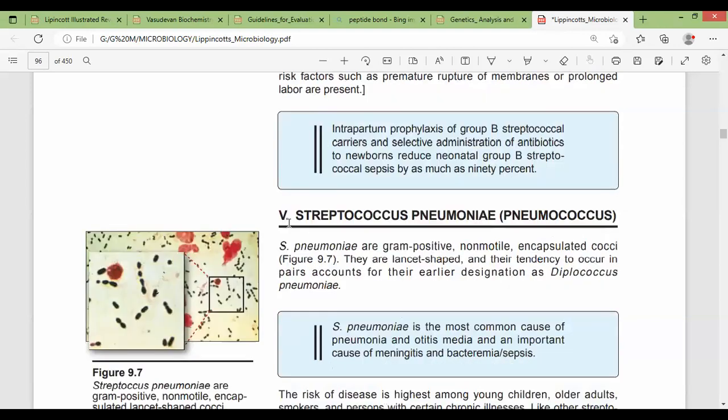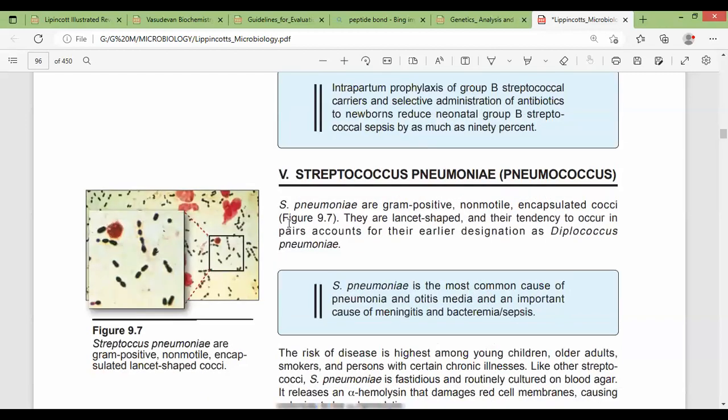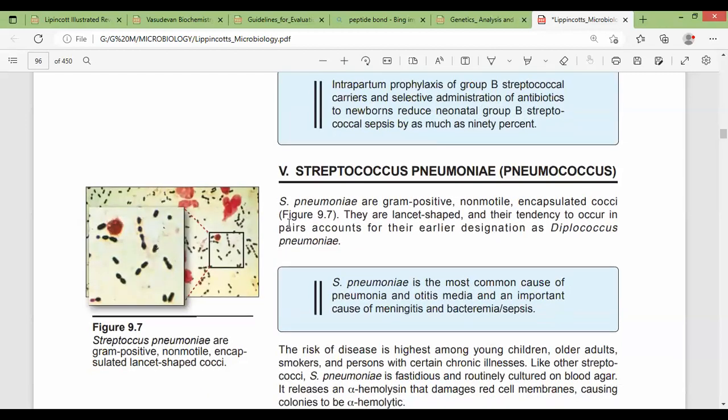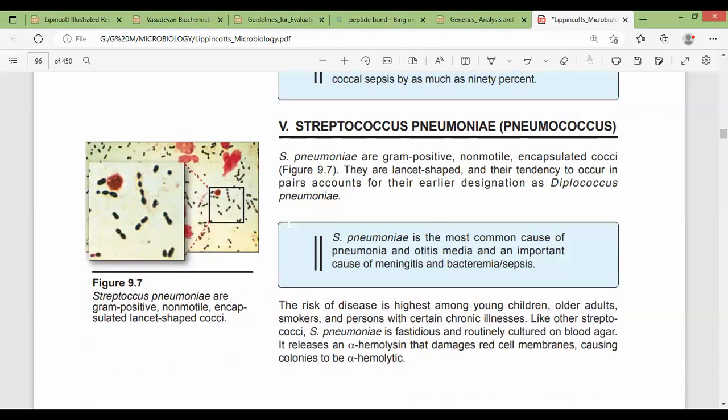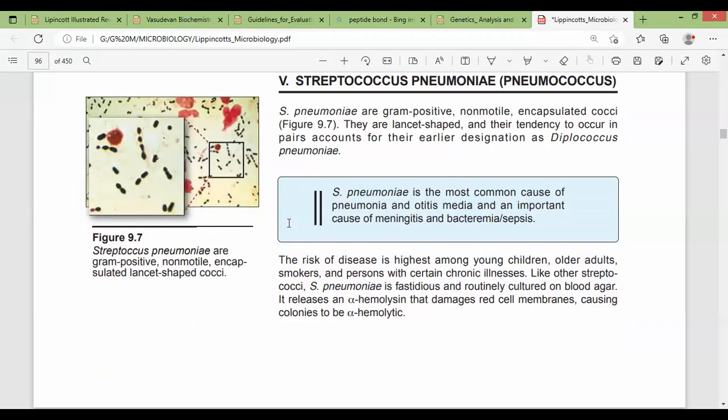Then moving on to Strep pneumoniae. When you see Strep pneumoniae, you can mention at least two diseases it causes: pneumonia and meningitis, often through otitis media. Otitis media, pneumonia, and meningitis are interrelated diseases. The same organisms that cause otitis media can reach the brain and cause meningitis.